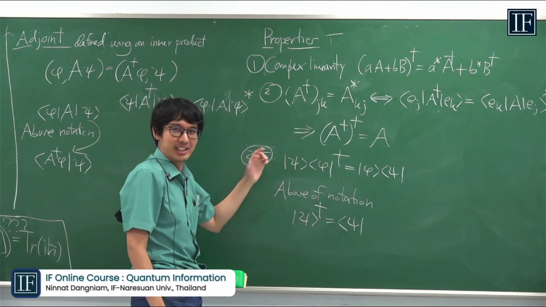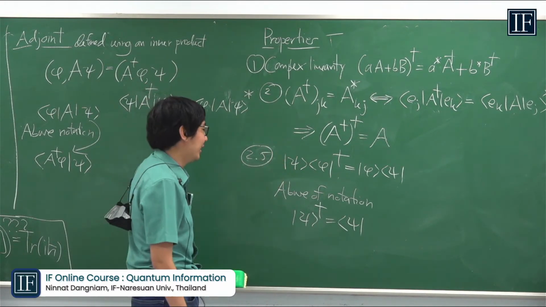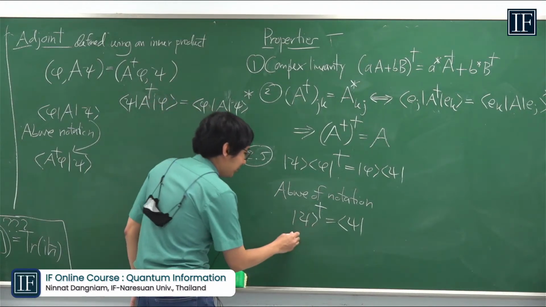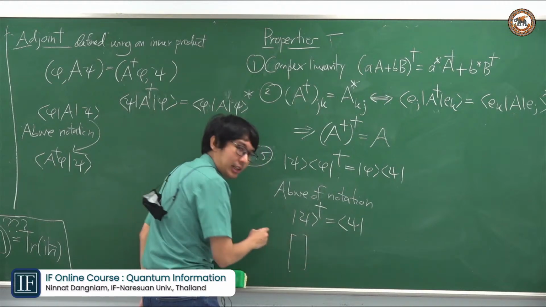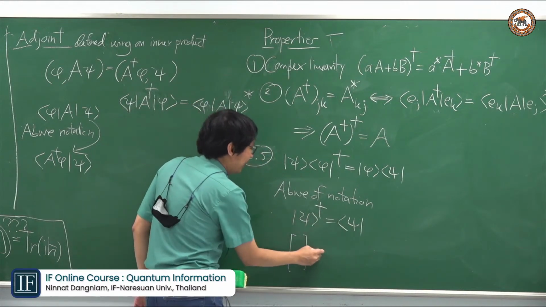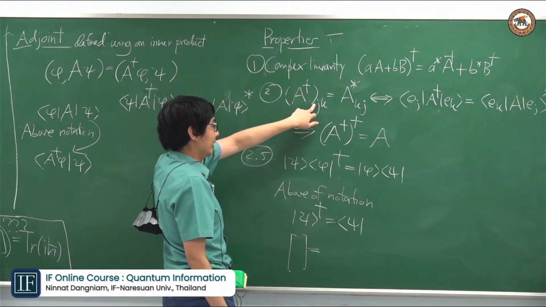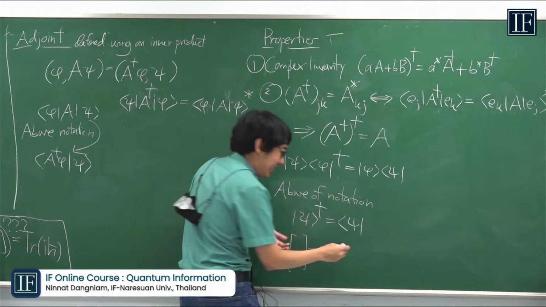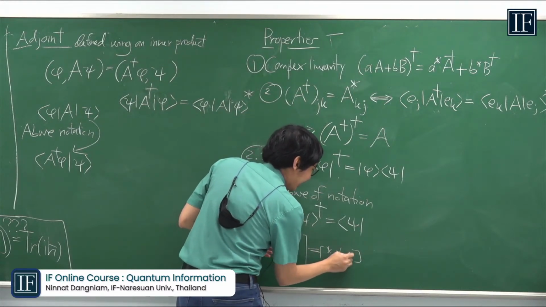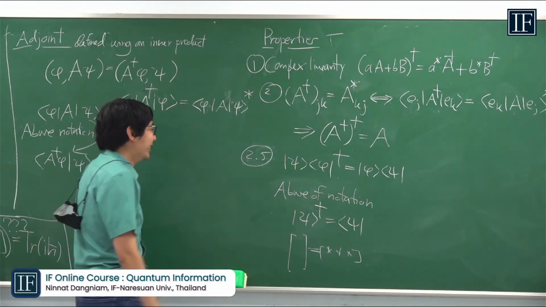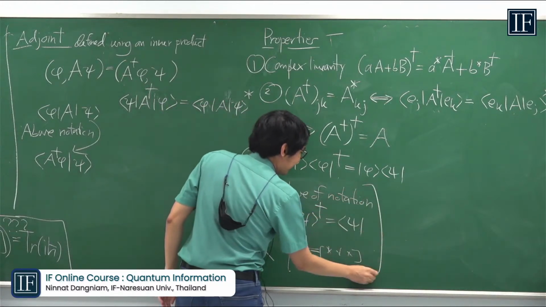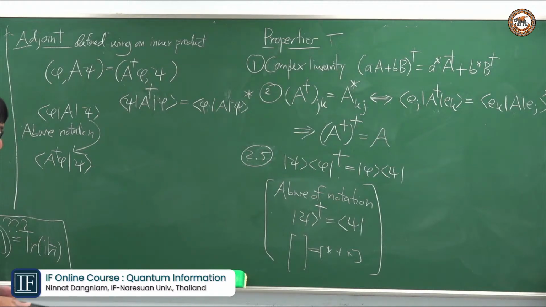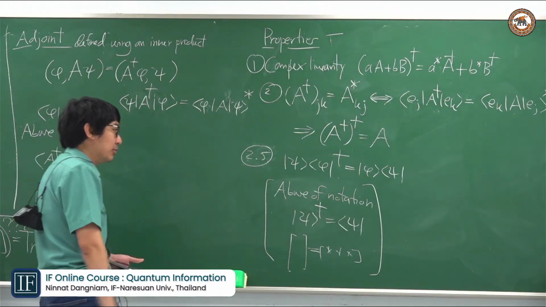Because you can switch order and then flip bra and ket. But it's sort of true in a matrix form, because this is a column vector, and this is a row vector, and then you imagine applying this, and then say, oh, I just transpose it and then take the complex conjugate of everything. Yeah, I think I saw it somewhere before.